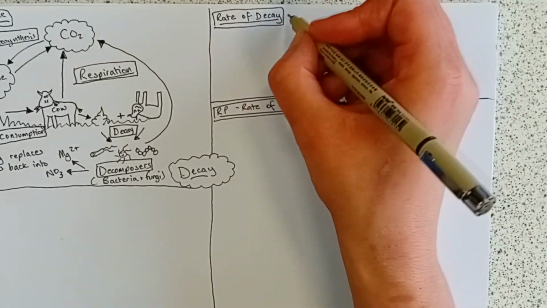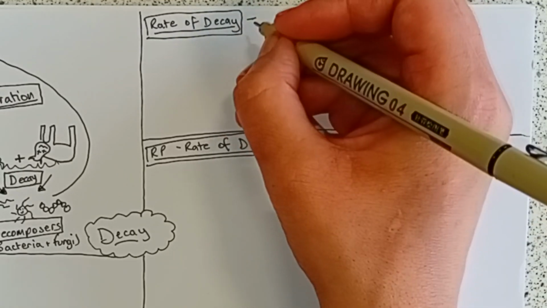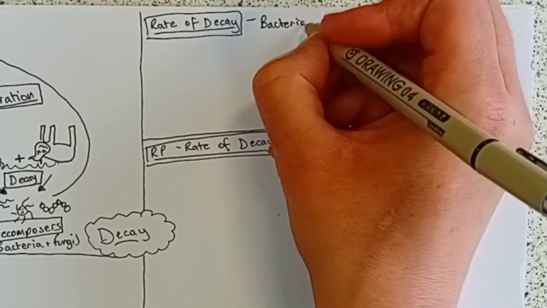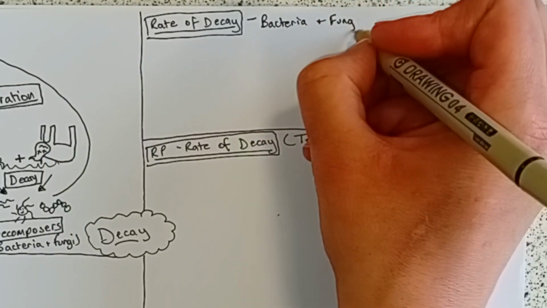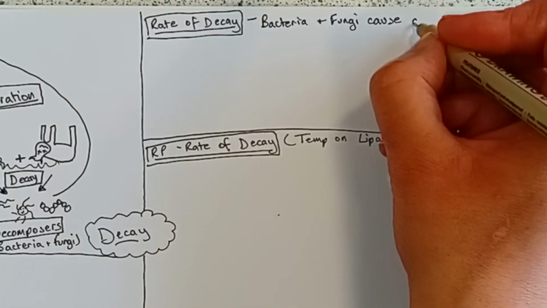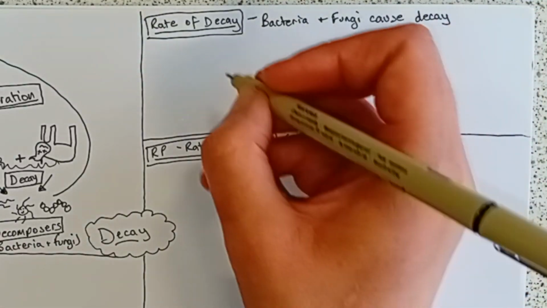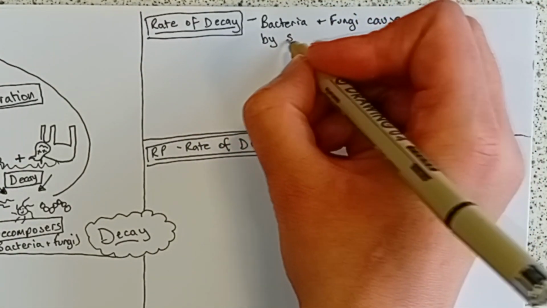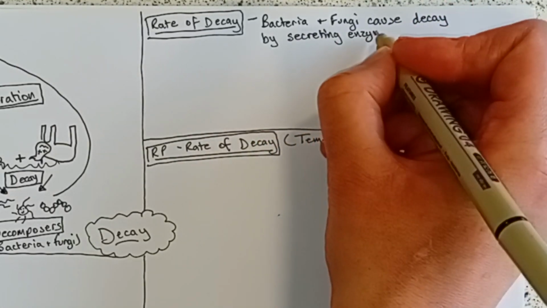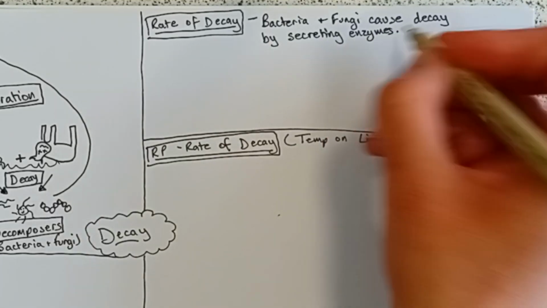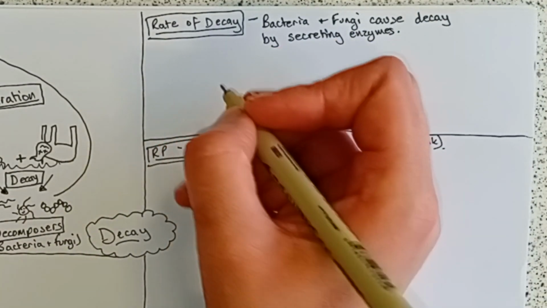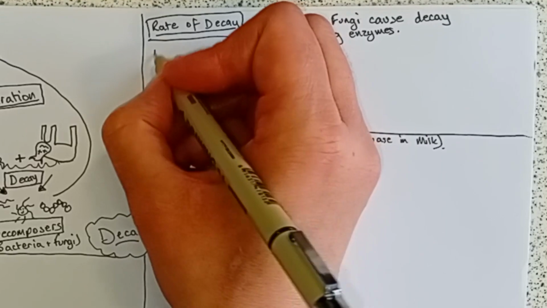And whenever we're thinking about the rate of decay, we need to remember that decay happens because of bacteria and fungi. And they cause decay by secreting enzymes. So factors that affect the rate of decay are primarily, number one, temperature.